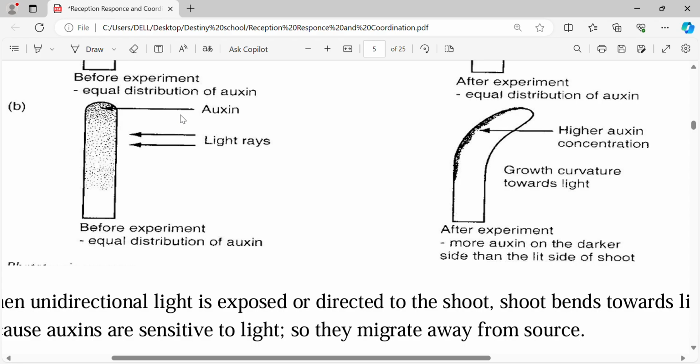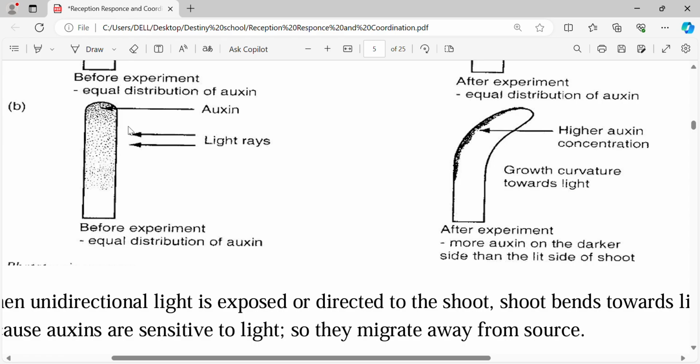Now this is a source of light from one side, and of course it must be sunlight, because plants only respond to sunlight, not the torch, neither the bulb or something like that. So this sunlight is coming from one side, so on the other side there is darkness, because a shadow is cast on that other side.